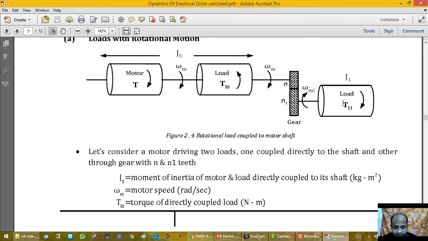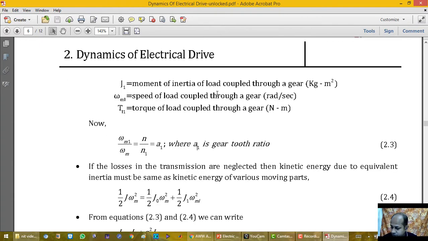So this is my output gear and this is my input one. So omega m1 by omega m equals n by n1, that is the ratio of the gear teeth, similar to the transformation ratio. We can assume this as A1, and this A1 is known as gear tooth ratio, or also known as speed ratio.